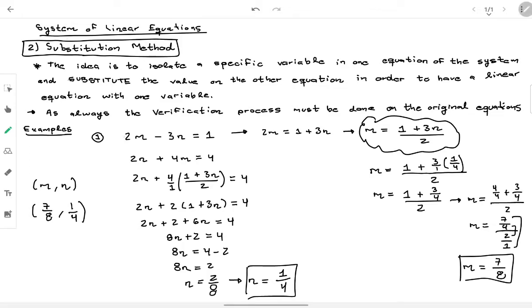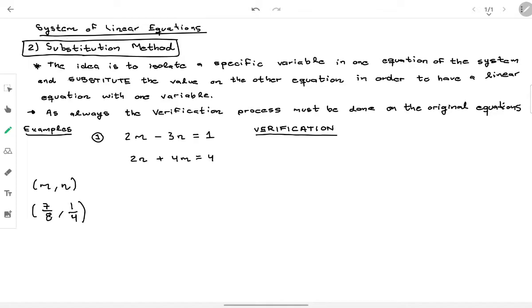So let's see how to do the verification process of this specific one. Remember, we need to do the verification process on the original equation. So let's see the verification process for exercise 1. In the first equation, it's going to be 2 that multiplies m, 7/8, minus 3 that multiplies 1/4 equals 1.